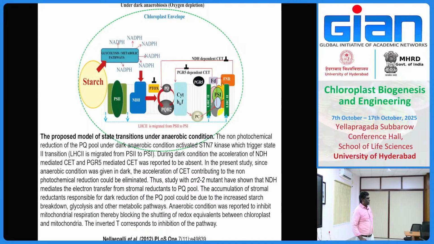Have you heard of the pentose phosphate pathway? The pentose phosphate pathway produces a lot of NADPH when glucose is oxidized. This NADPH interacts with the PQ pool, then it will be circulated. Instead of coming through light, these NADPH are important in the dark cycle. That is the signal.